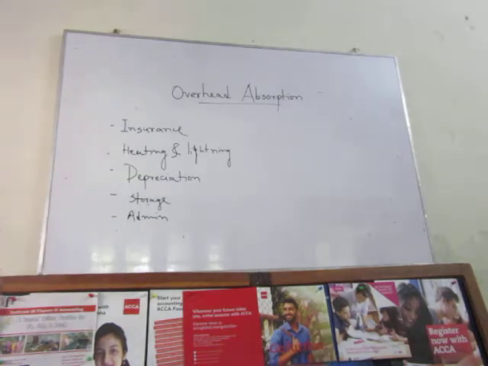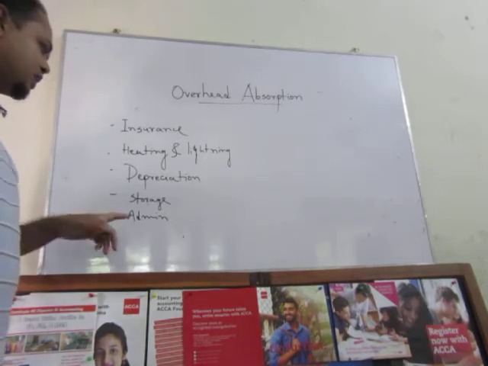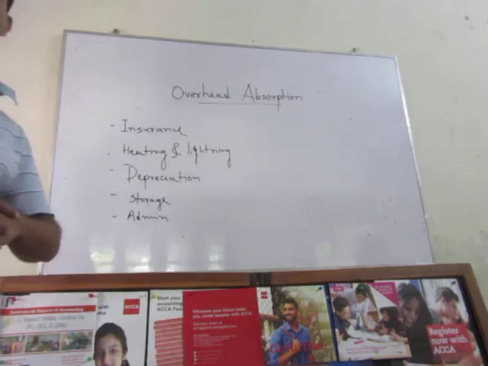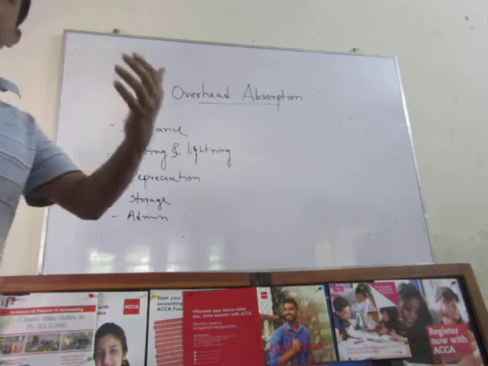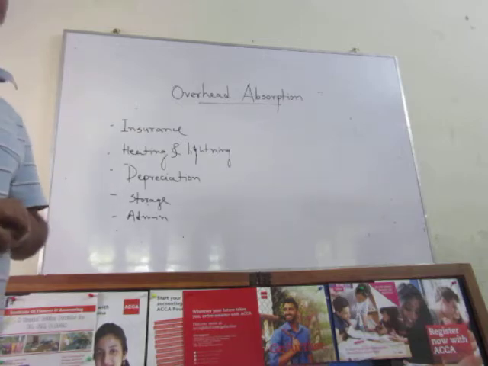Insurance, heating, lighting, depreciation, storage, maintenance, administration, canteen, etc. These are also kinds of cost, associated with operating any kind of business.